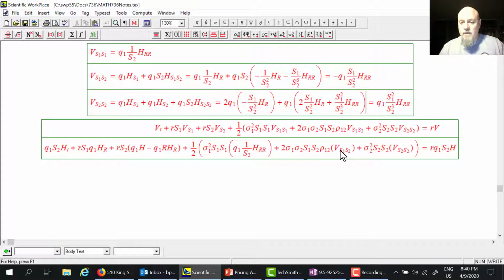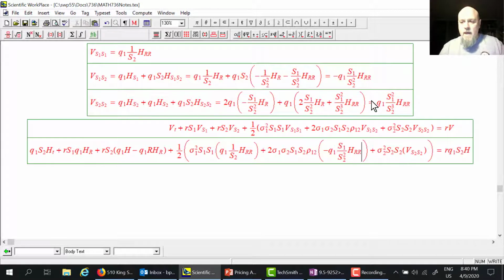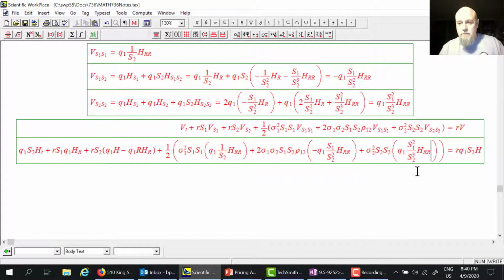Let's sub in for the S1, S2, which is this middle one. And let's see how nice this simplified down. This next one, the S2, S2, also simplifies down quite nicely. Okay, now everything is in terms of H.